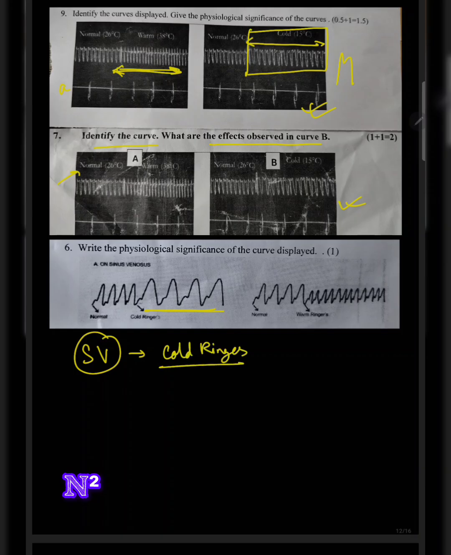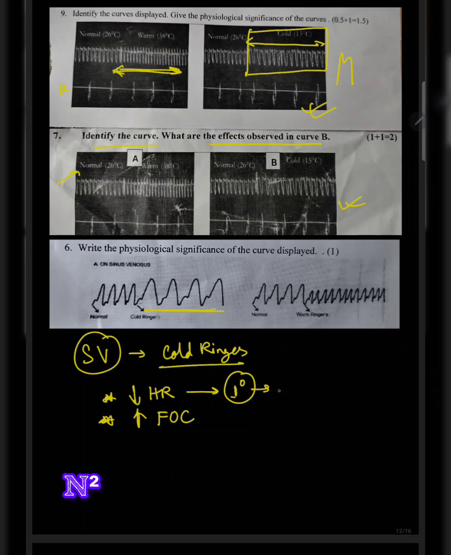The first effect that we can obviously see is that there will be a decrease in the heart rate, and we are going to get an increase in the force of contraction. Now in this case the heart rate change is the primary effect of the cold Ringer solution. What happens when the cold Ringer solution is given?